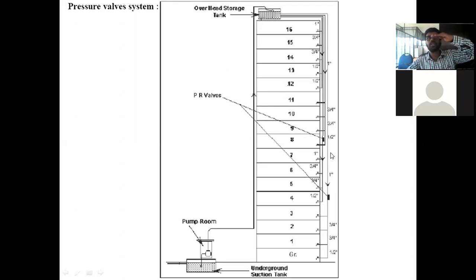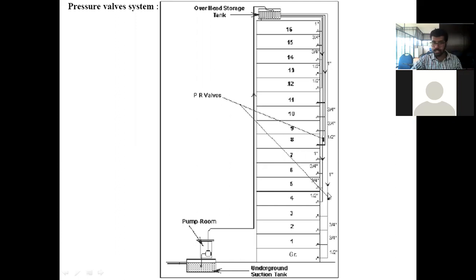Because you know that more than 80 feet is a high-rise building. Which means that a maximum of 80 pounds per square inch pressure can be allowed. Okay, maximum 80. So 80 in the sense of 80 feet height. If it goes more than 80 feet, what happens?